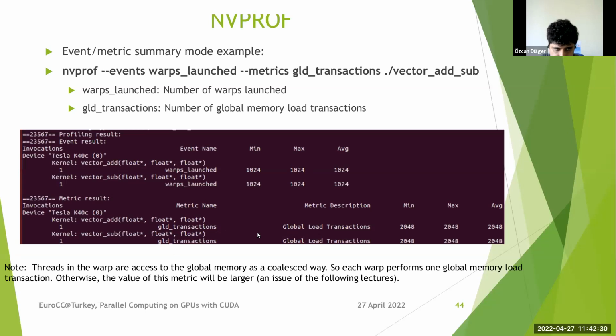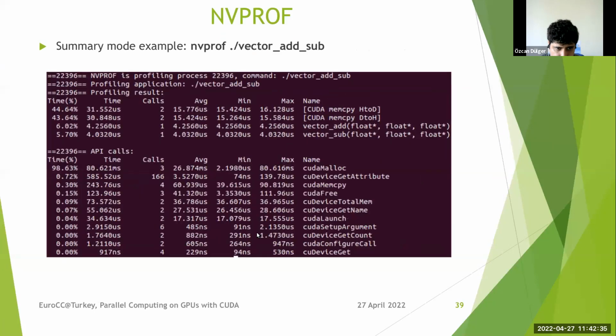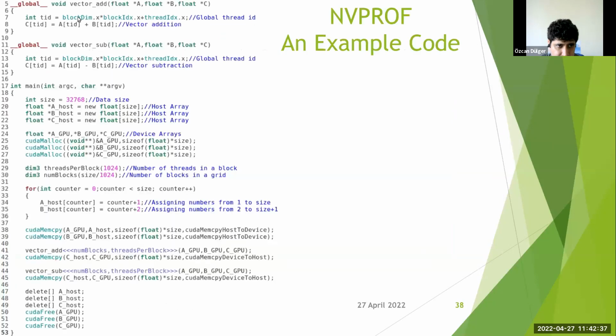And here is the GLD transaction count, which I will show you. GLD transaction count is the number of transactions for reading A and the number of transactions for reading B. Since these are coalesced accesses, each warp reads A in one transaction and reads B in one transaction.